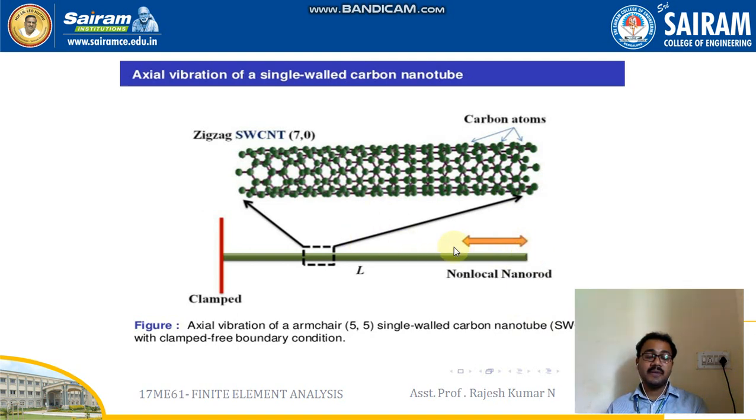For experimentation purposes, we will be considering a small portion, and the microscopic view is what we are seeing here, where the zigzag movement of the carbon atoms can be clearly seen.